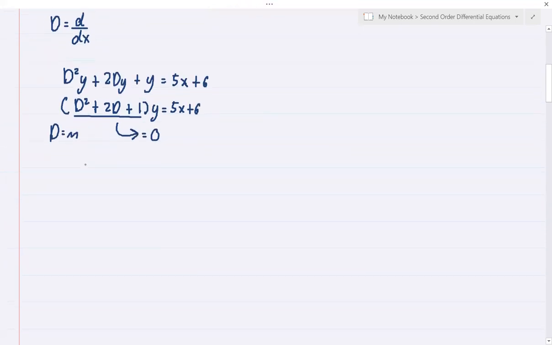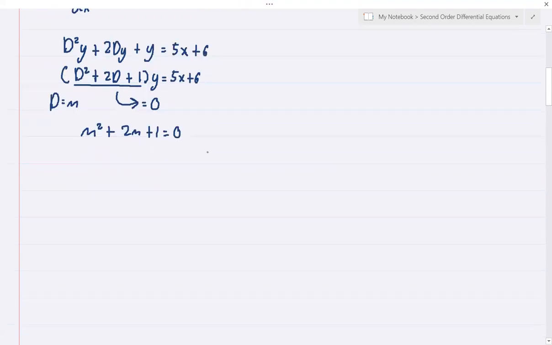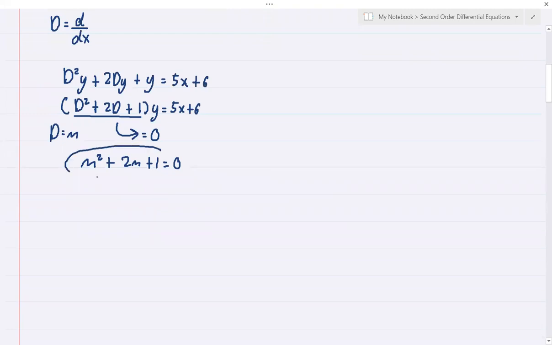So we will have m squared plus 2m plus 1 is equal to 0. And this type of equation is what you call your auxiliary equation.